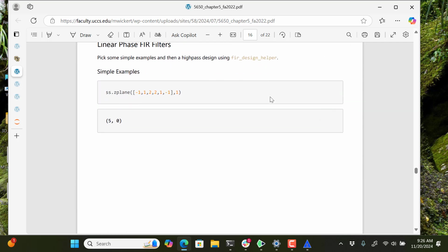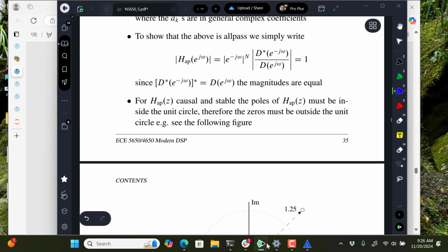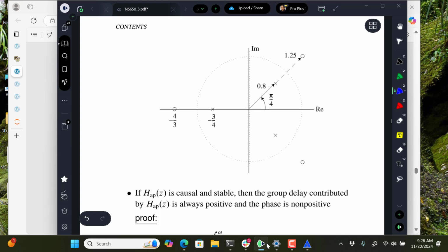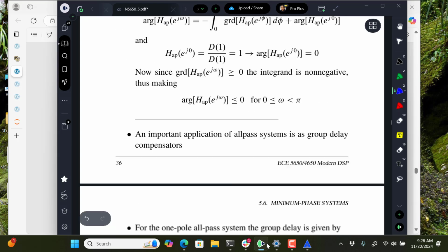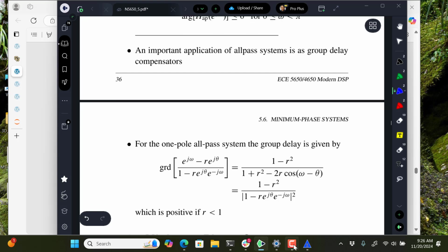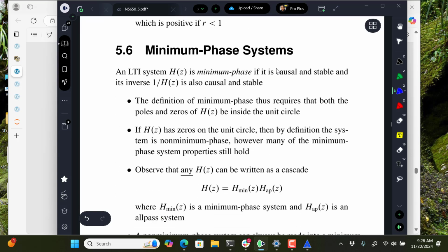So we're going to go into linear phase. Probably going to take the break. I'm going to wrap up the all-pass idea, though, with here's the discussion of group delay compensators. It just shows the math of what the group delay looks like.